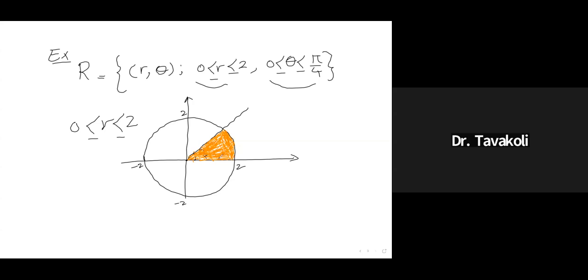So every point in this region, in this slice of the circle, satisfies both of these two. The distance is from 0 to 2. It is inside the disk of radius 2. And the angle it makes is from 0 to pi over 4.